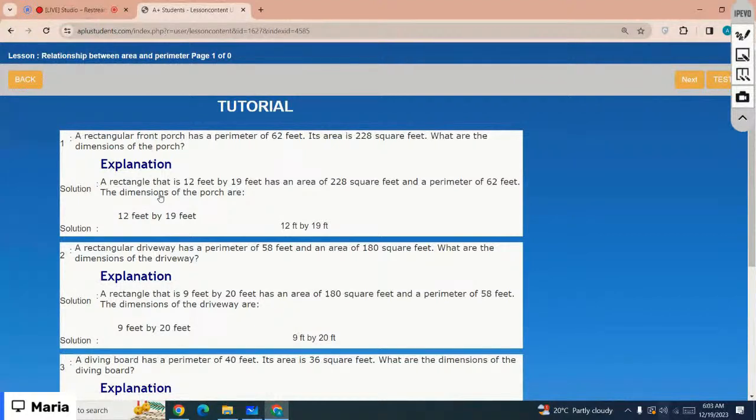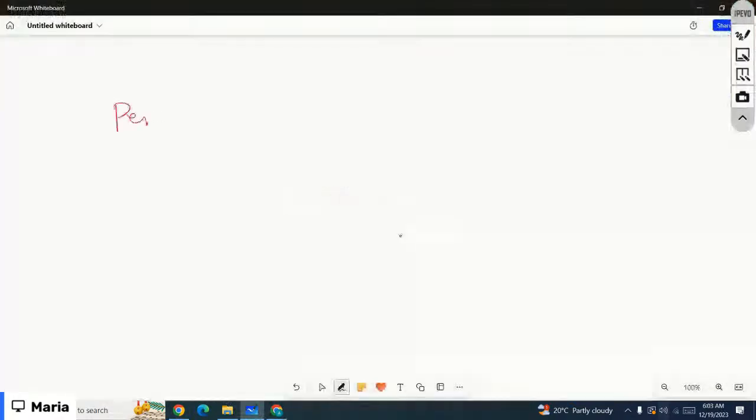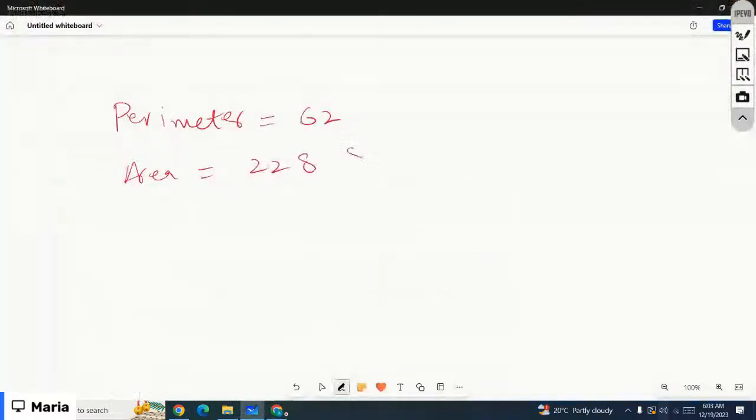So basically you are given the perimeter of the porch and the area of the porch, right? The perimeter given is 62 and the area given is 228 square feet, right? The question is about a rectangular porch.